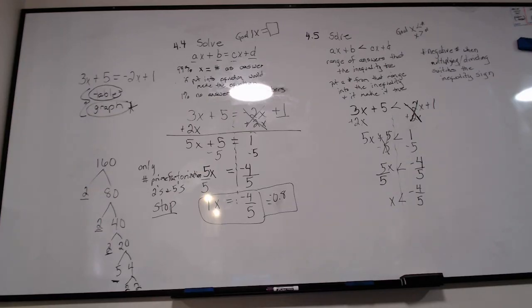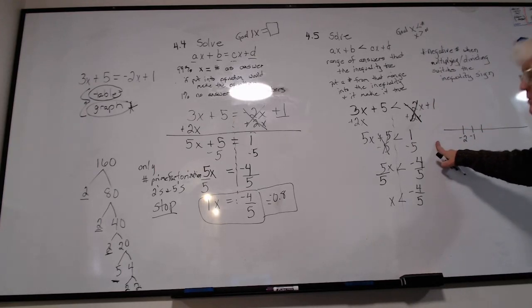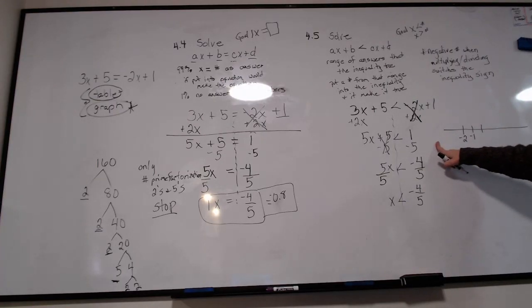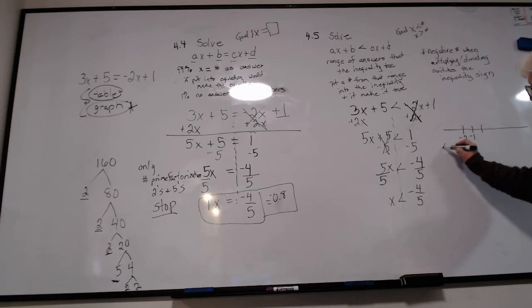Now, to check this, what's a number that is less than negative 4/5? Negative 1. Remember, when you're looking at negatives, negative 1, negative 2, the number looks like it's increasing, but it's actually smaller because it's farther to the left.